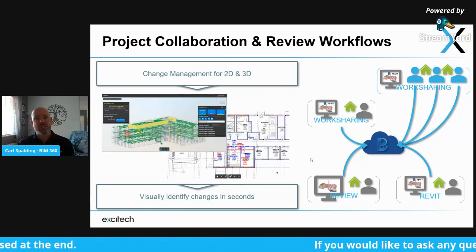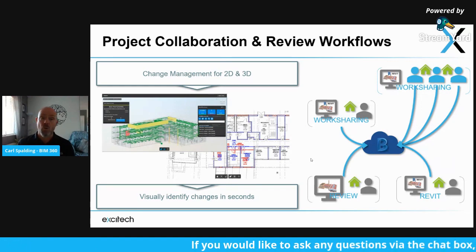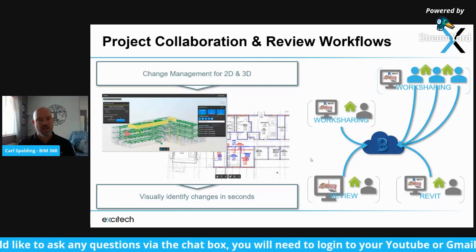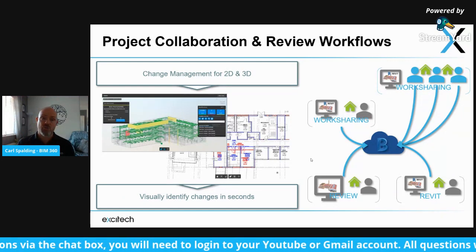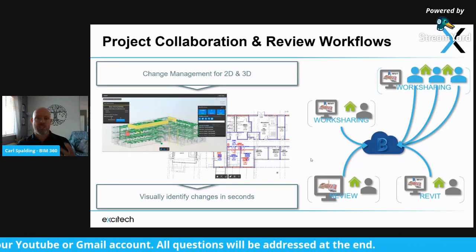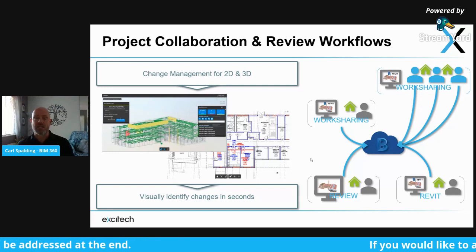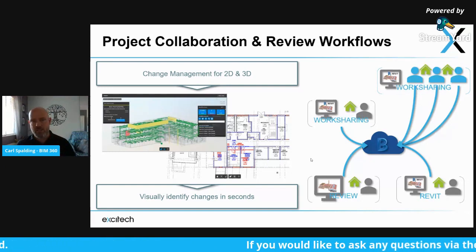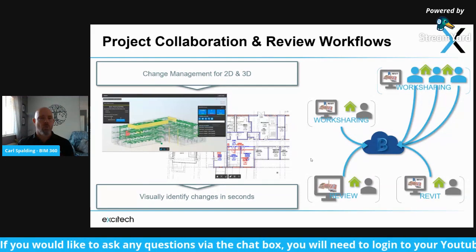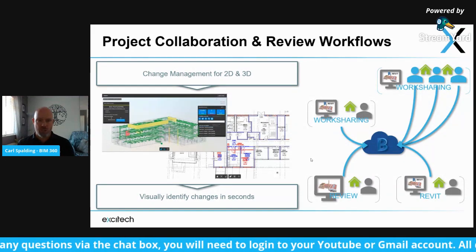What BIM 360 enables you to do, either in 2D or in 3D, and that's using a Revit file, an AutoCAD file, or an IFC, is change visualization, which means that I can receive a model from a client, and I can compare that to the model they sent me 2 weeks ago, and visually see what's been added, what's been deleted, what's been modified.